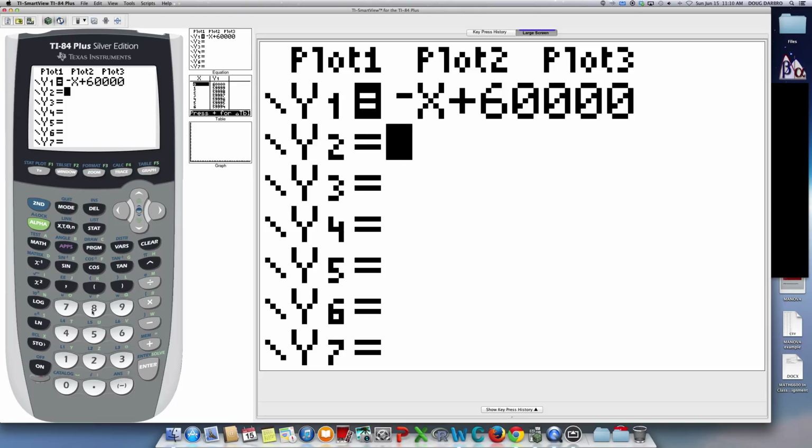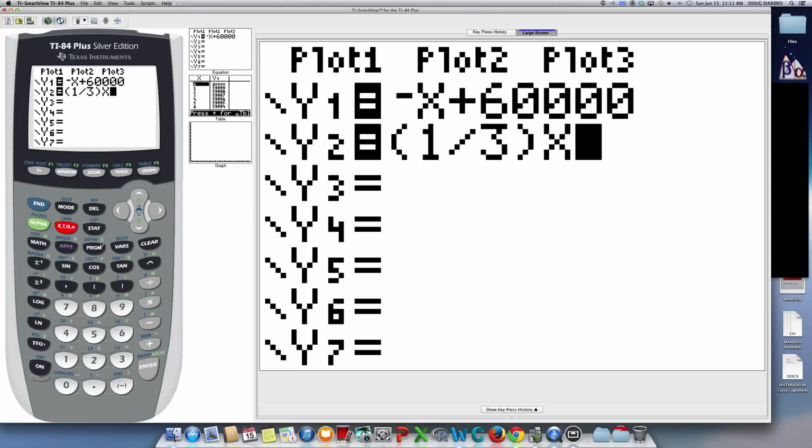So guys, we've got a fraction here that we need to put in parentheses. Now we need to come over and set our inequalities.